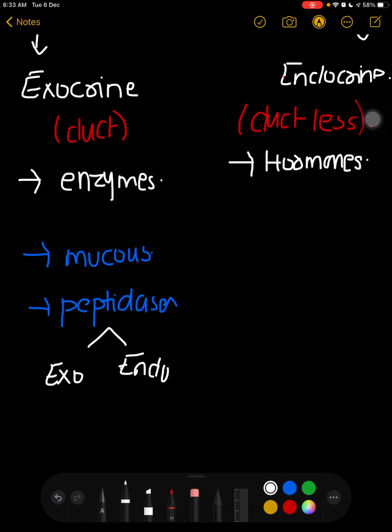We will talk about these peptidases more in the pancreas. For now, just keep it to the introduction.